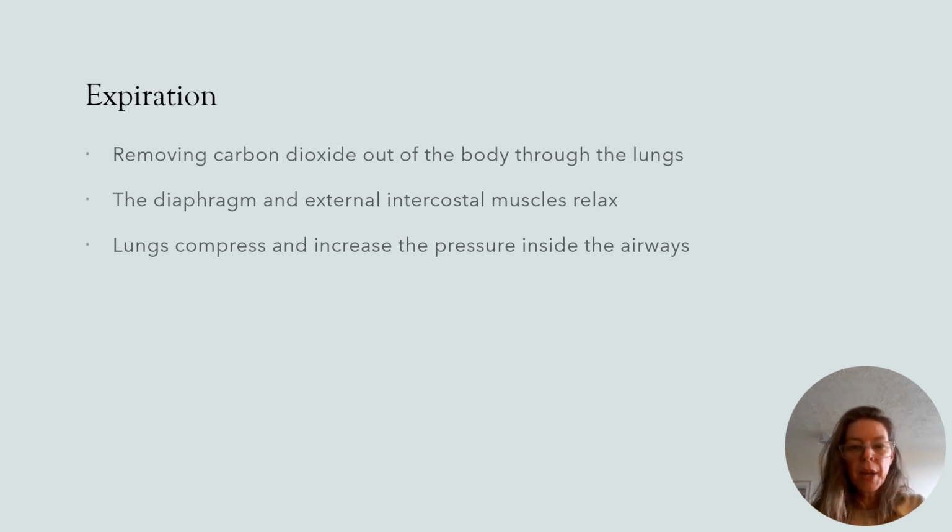The diaphragm and intercostal muscles have to relax, the lungs compress, and that increased pressure inside the airways forces air out. So if you had anything like a traumatic brain injury or a spinal nerve injury that's altering innervation to the diaphragm or those muscles, you may not be able to create enough pressure to exhale.